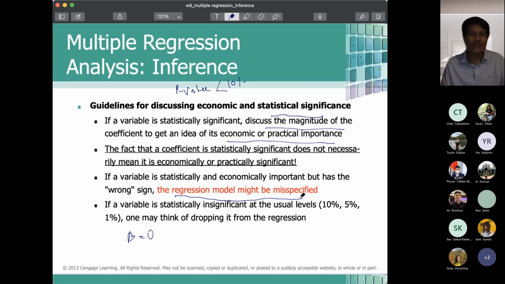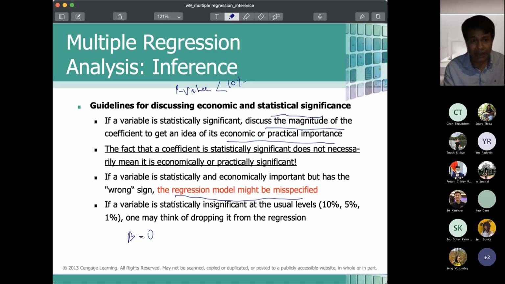So you inform the Ministry of Education said, no, you should not promote education because it does not contribute to wage at all, right? So be careful. You have to carefully look at the result, the sign of the coefficient. If it is significant, if it is not significant, that's okay. Wrong sign or correct sign doesn't matter for the insignificant, right?